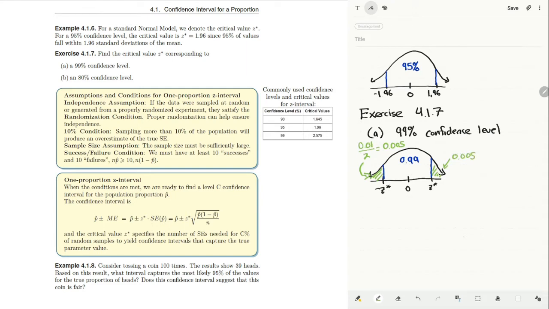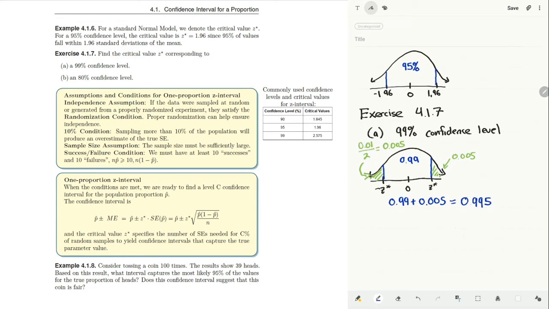And so the total area to the left of Z star is 0.99 plus 0.005, which gives 0.995.